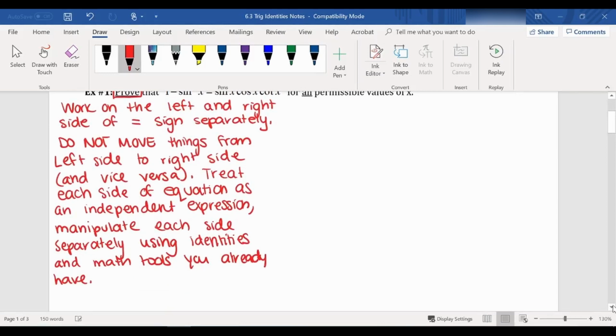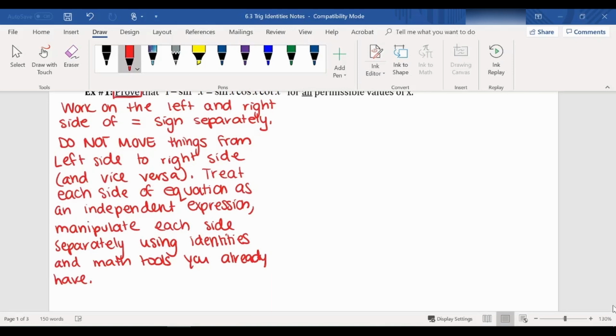Okay. Also, a reminder when you're dealing with expressions, if you want to manipulate things like denominators of fractions, you must multiply by something that equals 1. So when I say you cannot work on both sides of the equation, you can work on both sides separately, but you can't do things like, oh, I'm going to multiply the left side by 2 and the right side by 2.